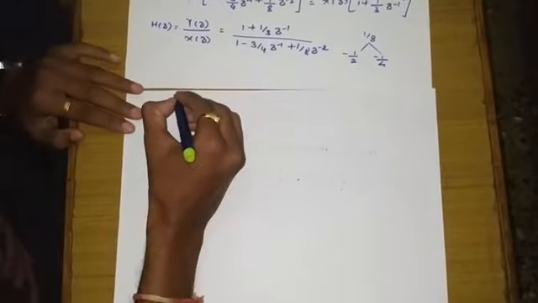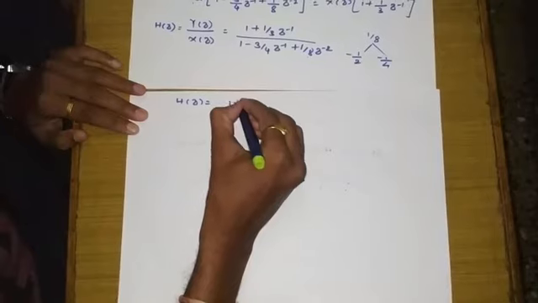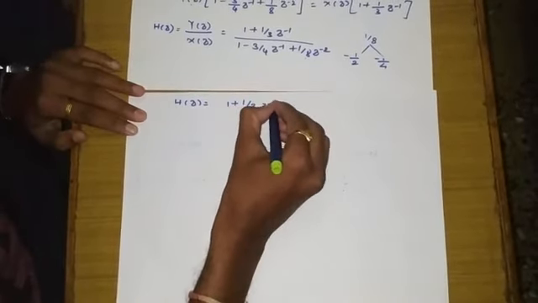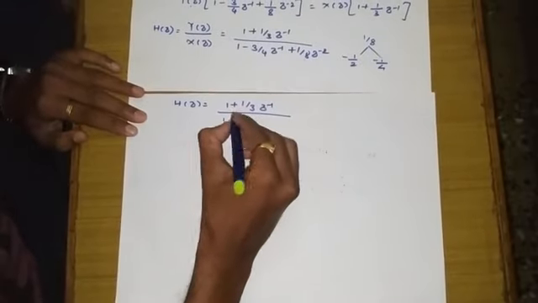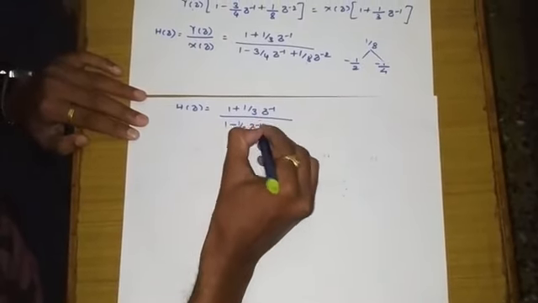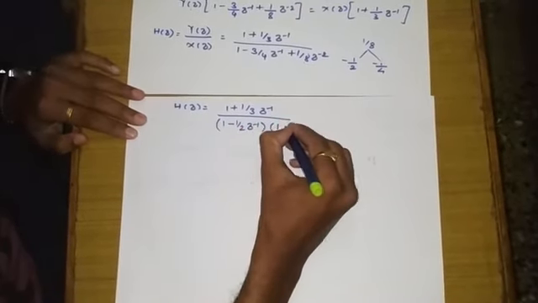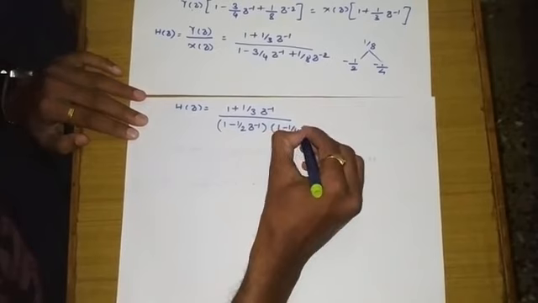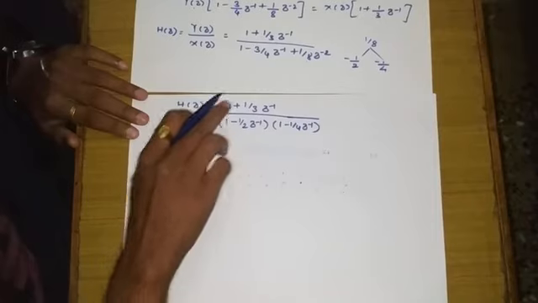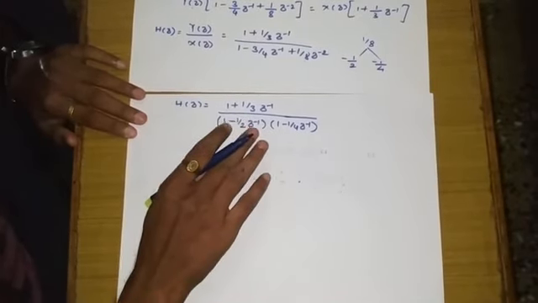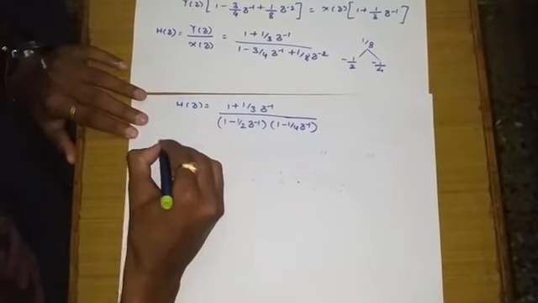So we can write the same term as 1 plus 1 by 3 z inverse divided by, for the first factor, 1 minus 1 by 2 z inverse, and the other, 1 minus 1 by 4 z inverse. Now we'll split this entire equation into two different transfer functions, let H1 of z and H2 of z.